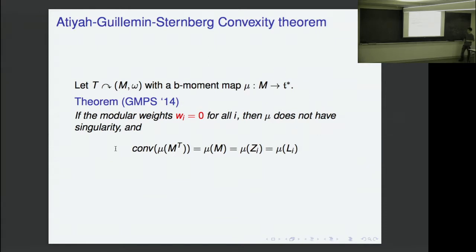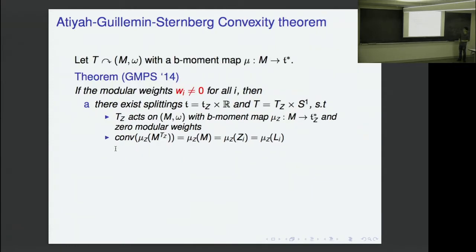Now, if the modular weights are 0, then there is no singularity, and the moment maps are just as fine as in the symplectic case, and so they proved that if we consider the moment image, then the convex envelope of the moment image of the critical points, the fixed points, is the same as the moment image of M, and the moment image of any component of the singular locus, and the moment image of its symplectic fiber.